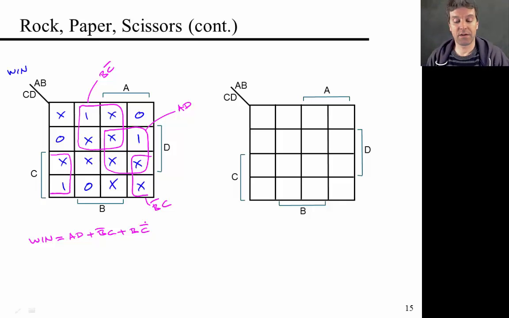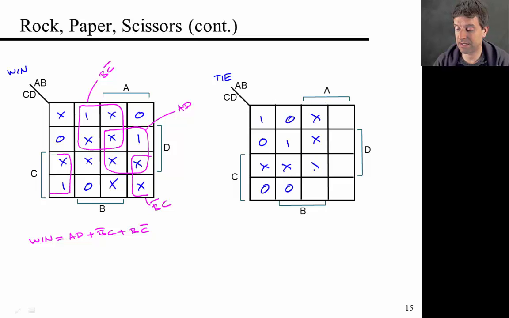So same idea over here. If you just fill in the kmap for tie, first you get 1, 0, x, 0, 0, 1, x, 0, x, x, x, x. Good.